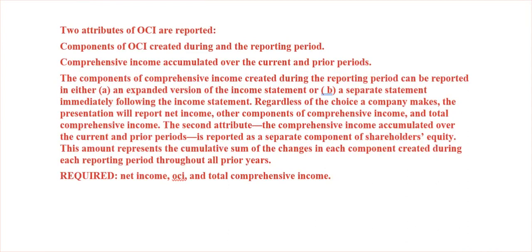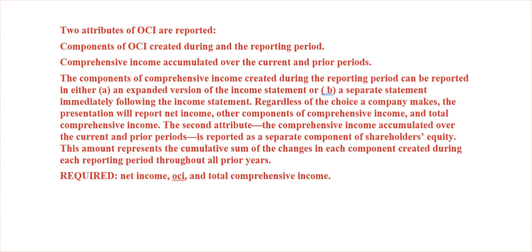Two attributes of OCI are reported, and they are required. If you look at the financials of a company that is reporting according to GAAP, they will need to report net income, OCI, and total comprehensive income.